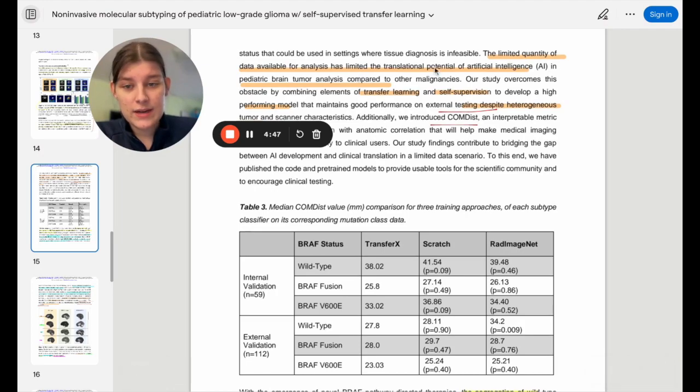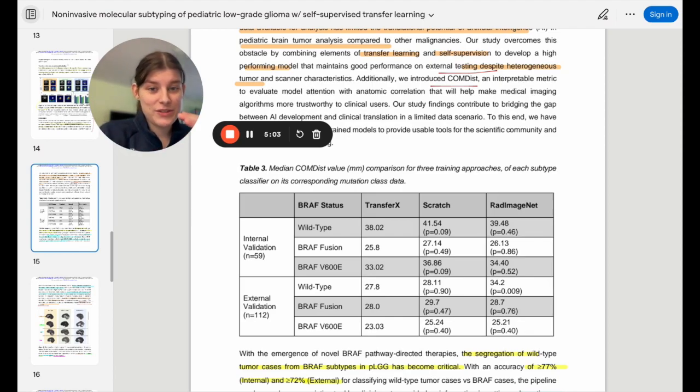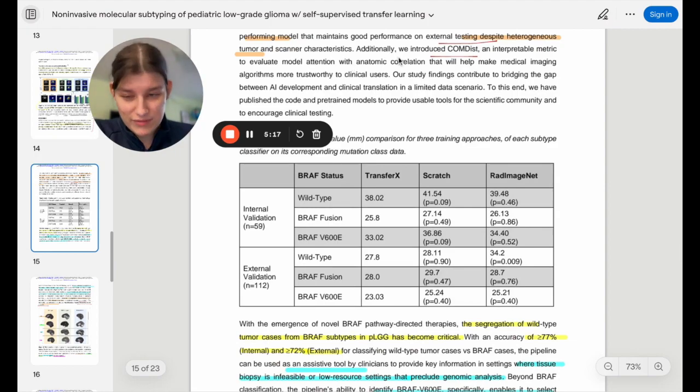It's saying here, overall, that transfer learning and self-supervision could really help develop a high-performing model that maintains good performance, not only on the data it's training on, but on external testing too, despite the different tumor genetic types, and whether it's a heterogeneous or homogeneous tumor. You can figure out more or less what the scanner and tumor composition characteristics are, and then even have more validation.